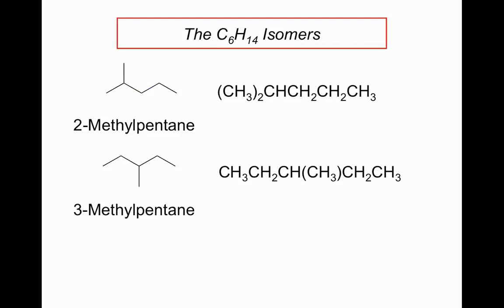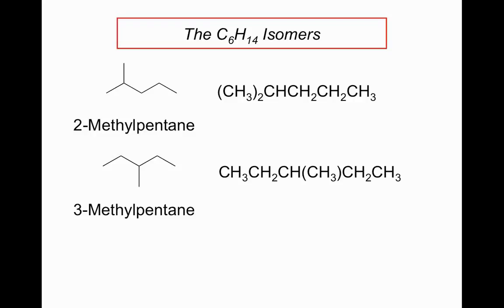Here are the two isomers side by side, 2-methylpentane and 3-methylpentane. Hopefully you can see as they're side by side why we need to indicate the locant of each substituent in the name. Without the 2 and the 3, we would have no way of distinguishing these two structural isomers from one another based on methylpentane alone, because they would both have the same name.